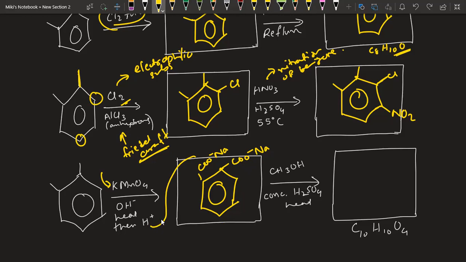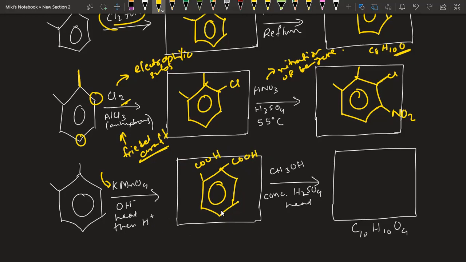That means there will be no more sodium here, or the Na plus will be replaced by our hydrogen. That means we'll be left with COOH and here COOH. That means the same thing is happening, isn't it?